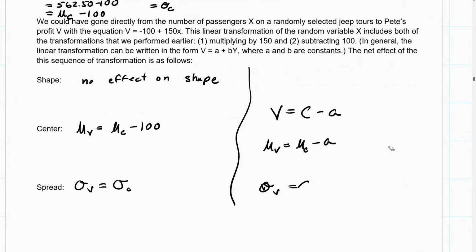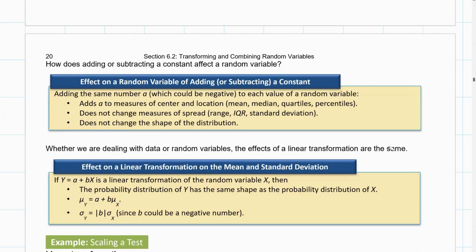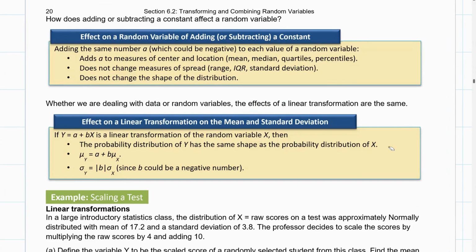No changes to the spread if we add or subtract some constant to the terms. All right. So in general, adding makes changes to location and center, but does not change the spread and does not change the shape.